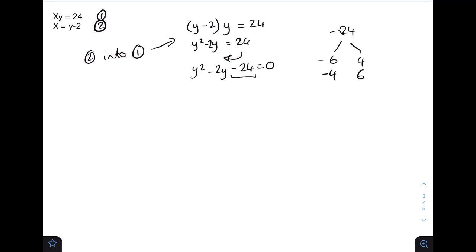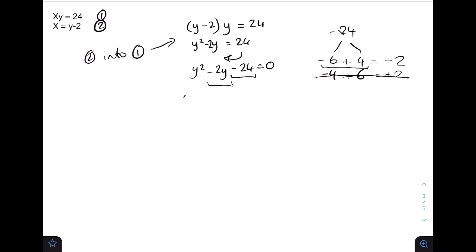Both of these pairs will give us minus 24 if you're multiplying them together. However, we need to get minus 2y if we're adding them. So if we add these, we get minus 2. If we add this, we get positive 2. So we know that this is not going to be the solution. It's going to be a minus 6 and positive 4.